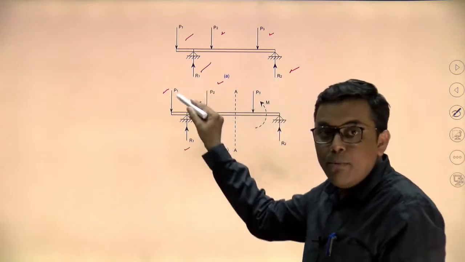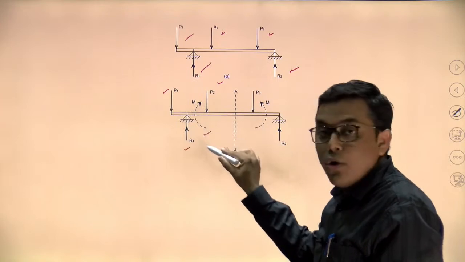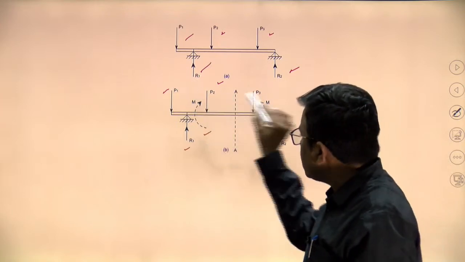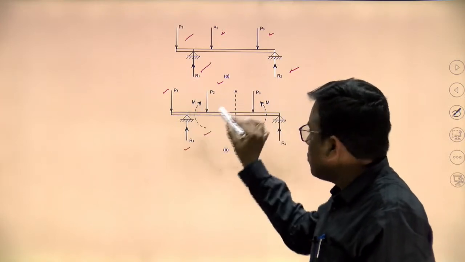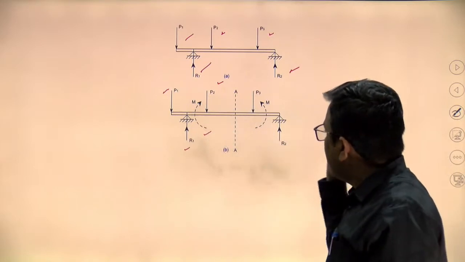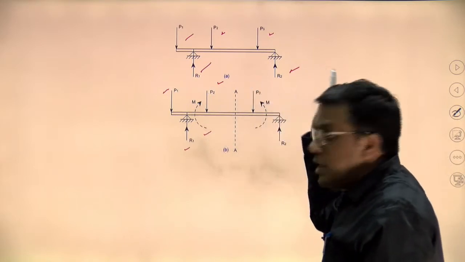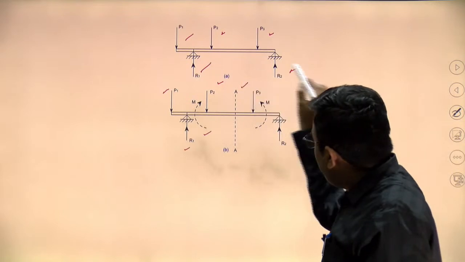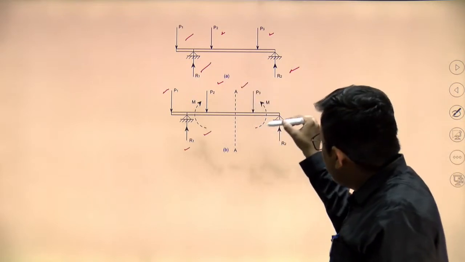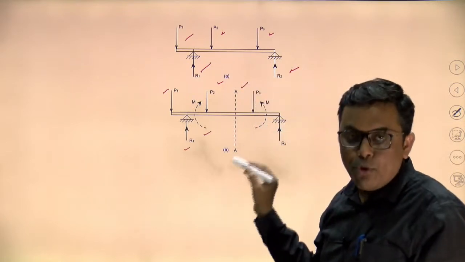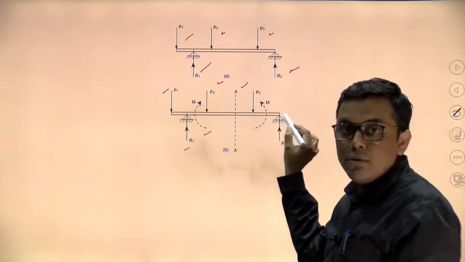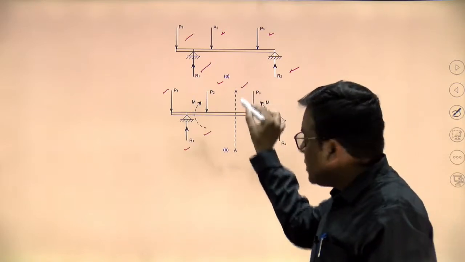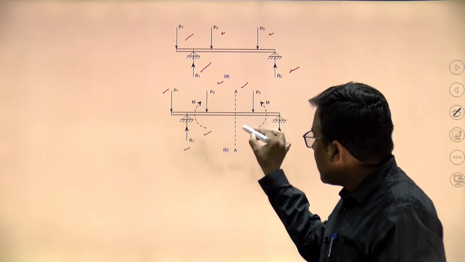So the algebraic sum of all the moments due to various loads P1, P2 and R1. For the equilibrium of the beam at section A, on the right side there must be an equal and opposite moment also.